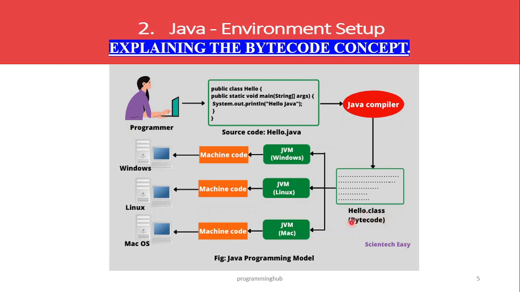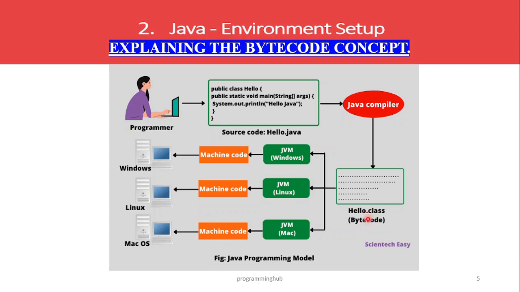Once you want this bytecode to be executed on the respective machine, whether it is a Windows machine, a Linux machine, or Mac OS, you take the Java virtual machine, which is designed to convert the bytecode of your Java program into what the operating system can understand and execute.